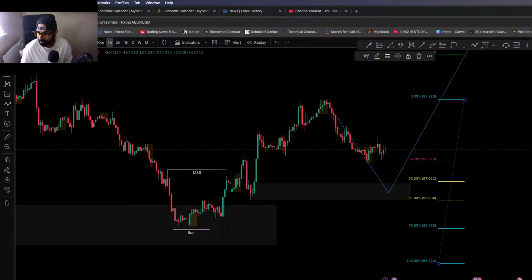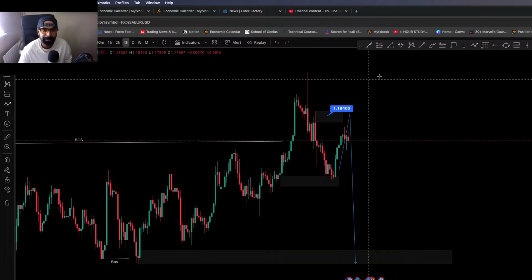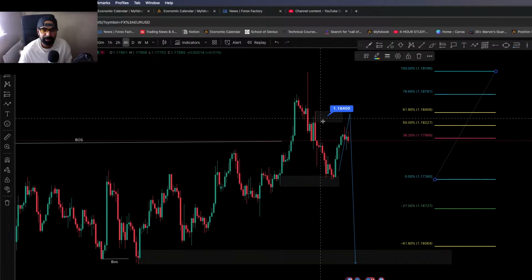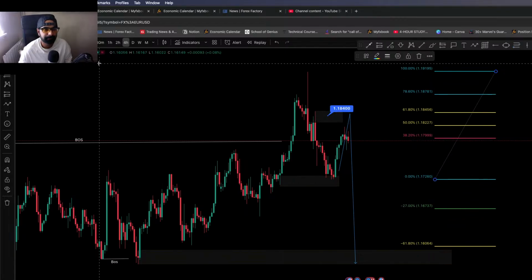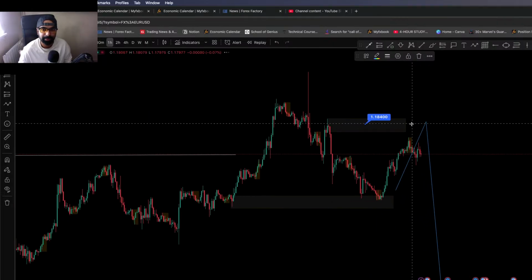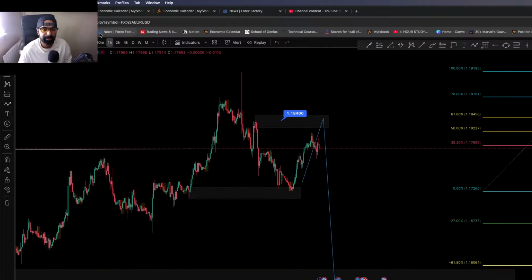So that's the DXY. Alright, Euro USD. At this moment, I am pretty much looking at this zone here, but we can't see an order block. Maybe on the H1 we can. So that can be a nice entry.